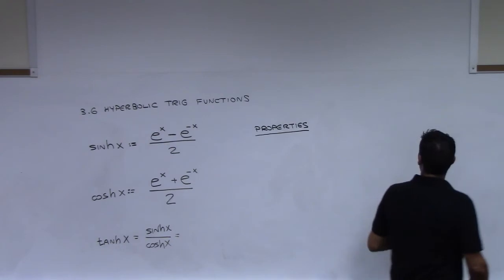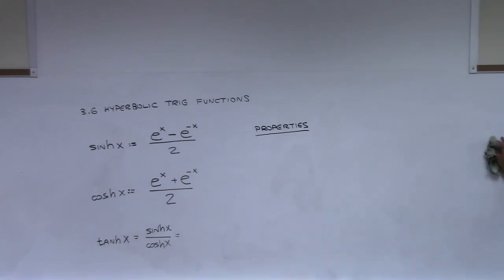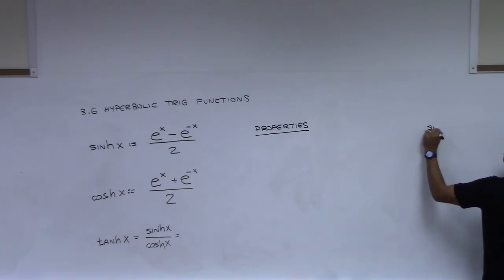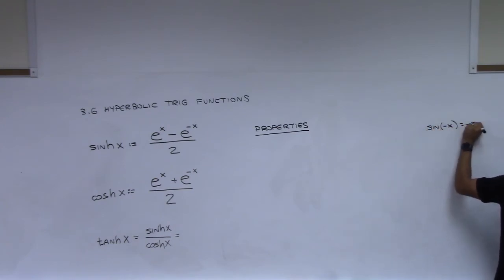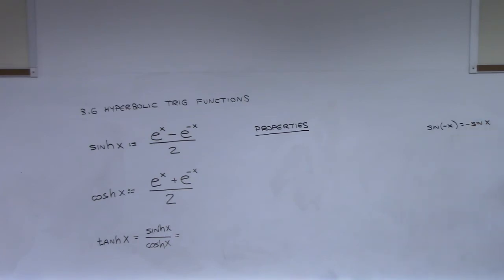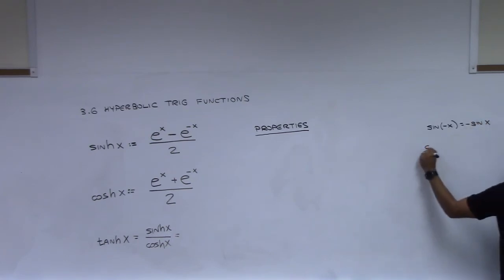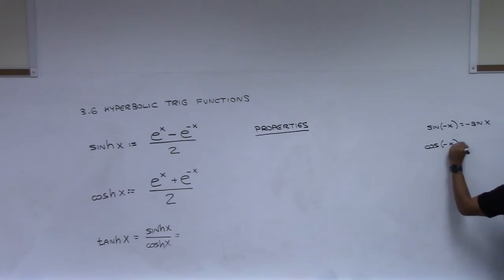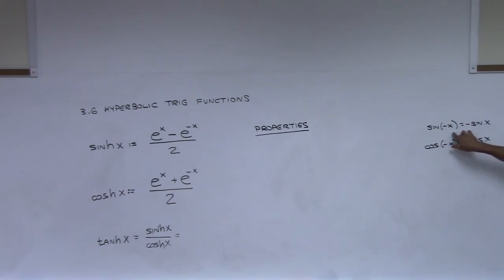Now, let me remind you off here on the side some of the properties from pre-cal. Do you remember this property? Do you remember what we called that property? Or this one? Yeah, this is what we call the odd property of sine. Sine was an odd function.